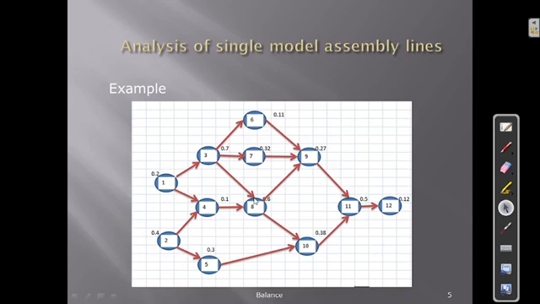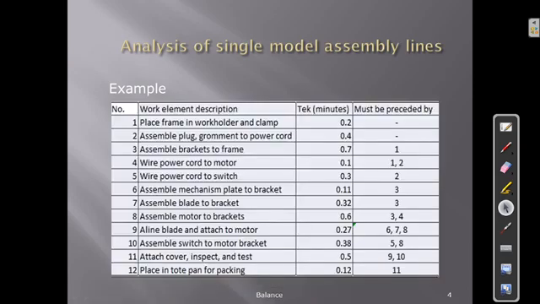Likewise, we draw another column. Here are the predecessors given: 6, 7 and 8. Work element 9 has 3 predecessors. We check the tabular column: 9 has predecessors 6, 7, 8.